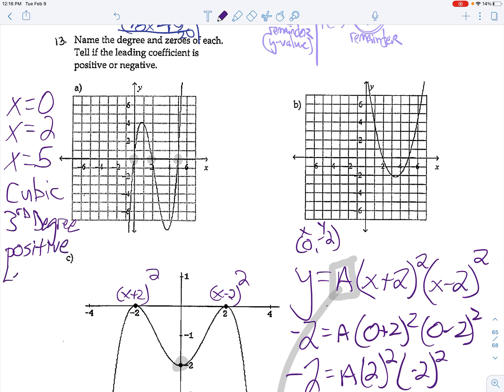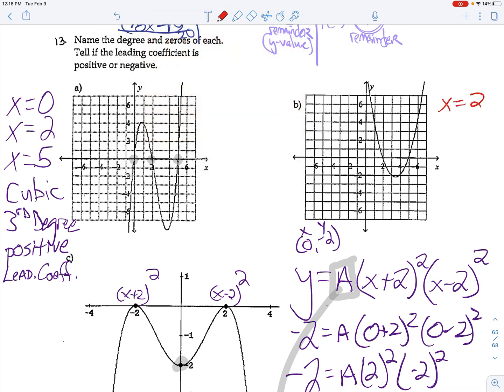This is a cubic, which is a third degree polynomial function with a positive leading coefficient, because it ends high. That's what I use for the odd-powered function. If it ends high, it's a positive leading coefficient. If it ends low, it's a negative leading coefficient.